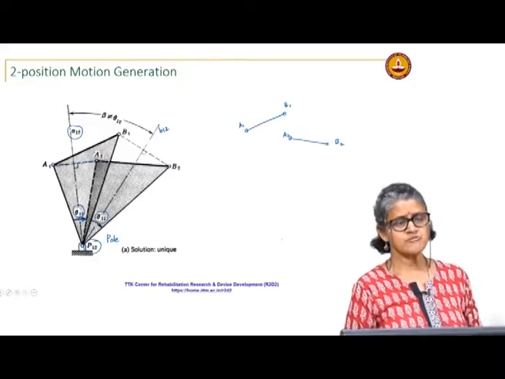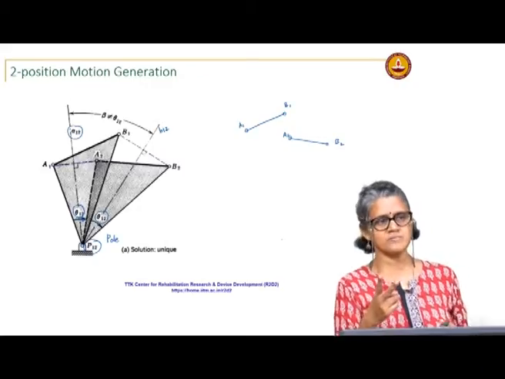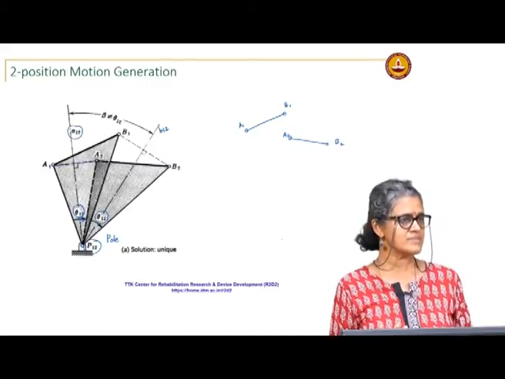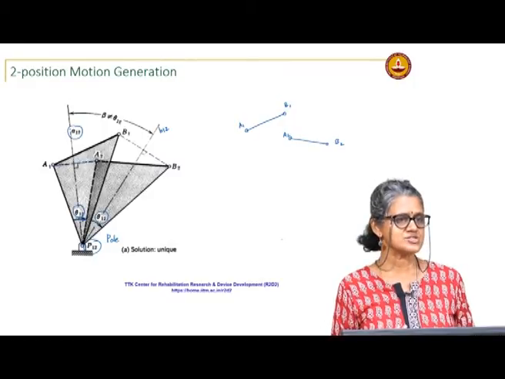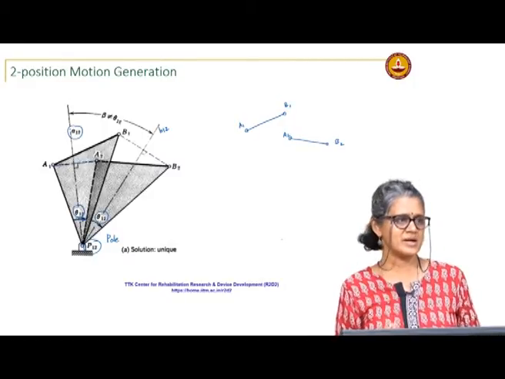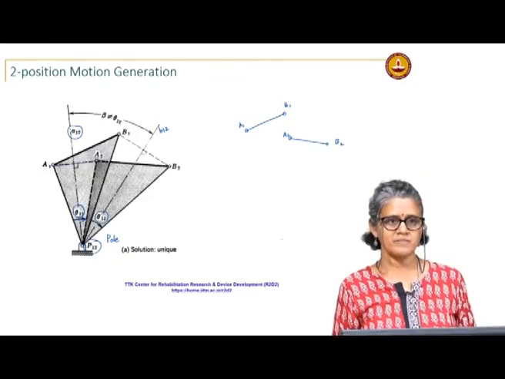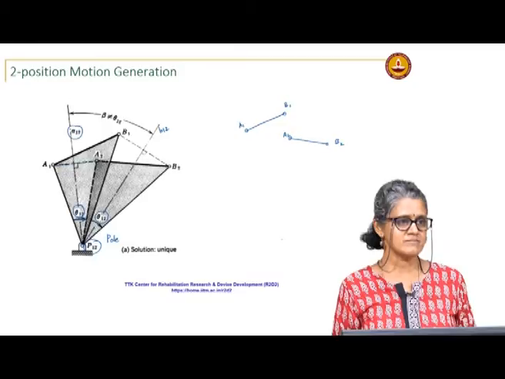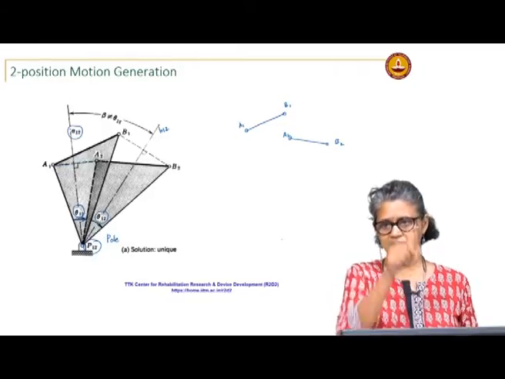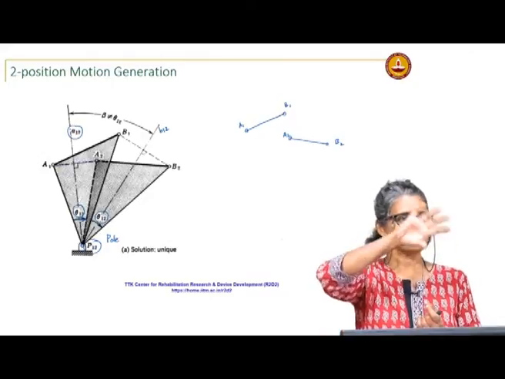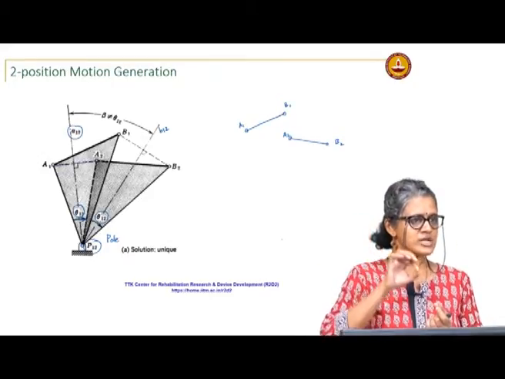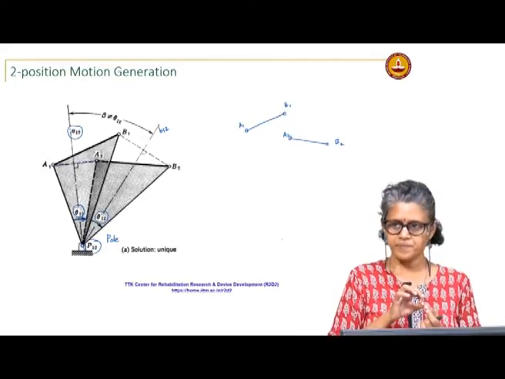So, actually for two position motion generation, I do not really need a 4 bar, I do not really need a linkage. If I can just find the point P1 2, okay, in a reasonable location, I can then pivot that body about that point and achieve this motion by a pure rotation about the pole.